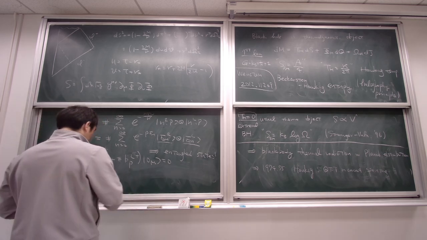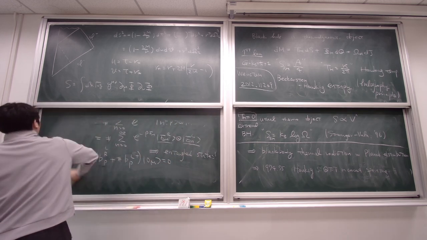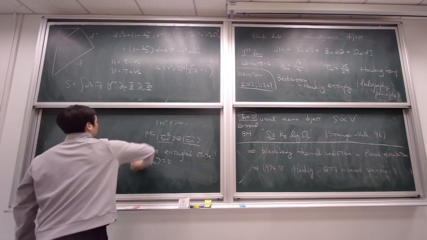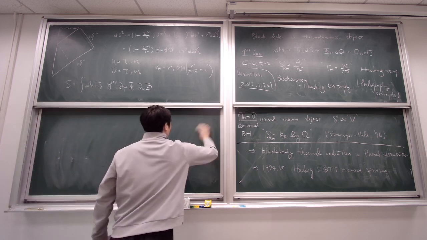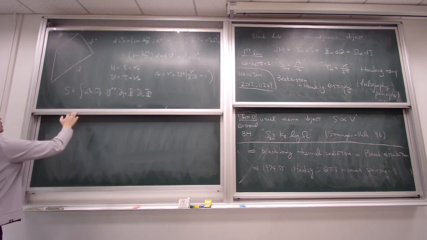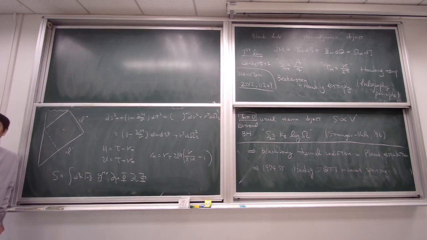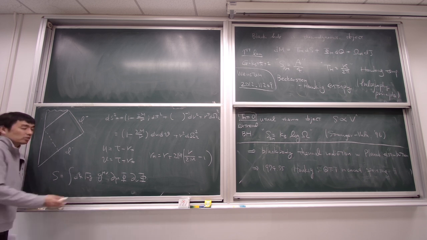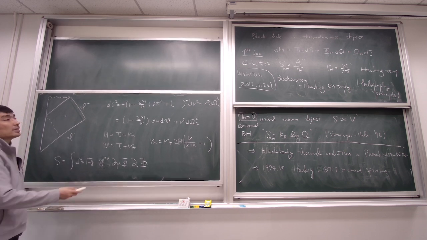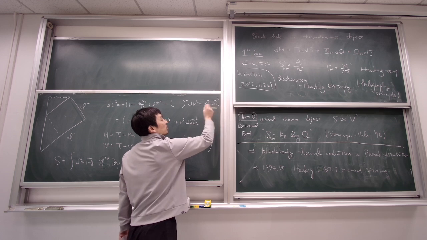To solve it, we do a spherical harmonic expansion. At each point of the Penrose diagram, what do you have? An S2. So we can have the orthonormal basis for the S2 direction.